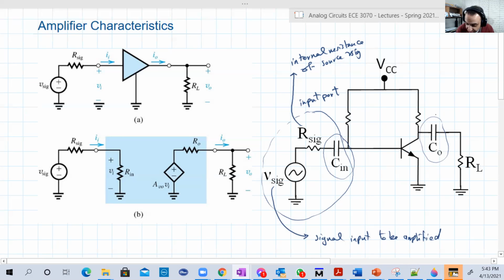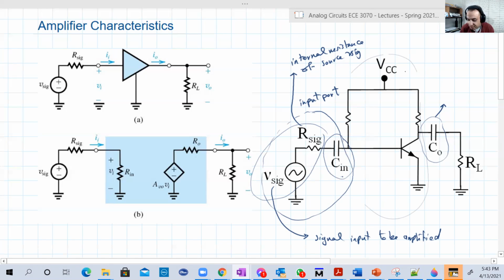CO, as we will study in a moment, isolates the DC of the circuit from the load. C input does the same job, but it isolates any possible DC in this V signal source from altering the DC Q point of the amplifier circuit itself.